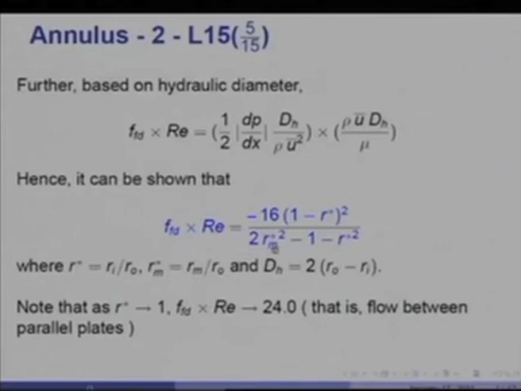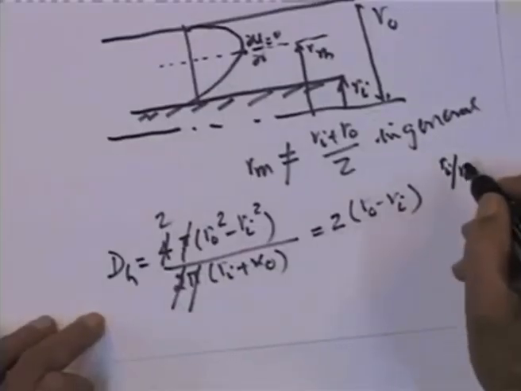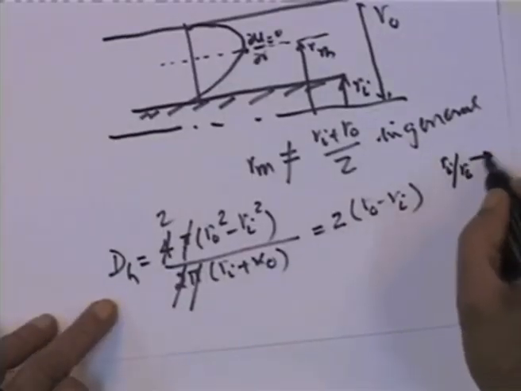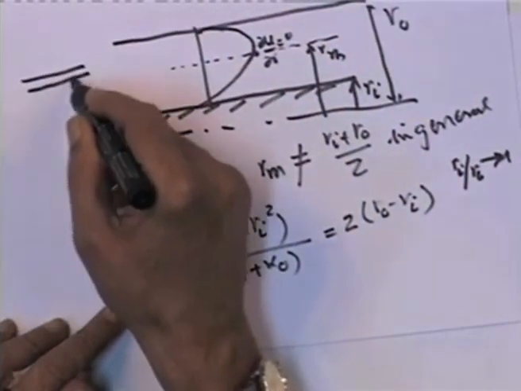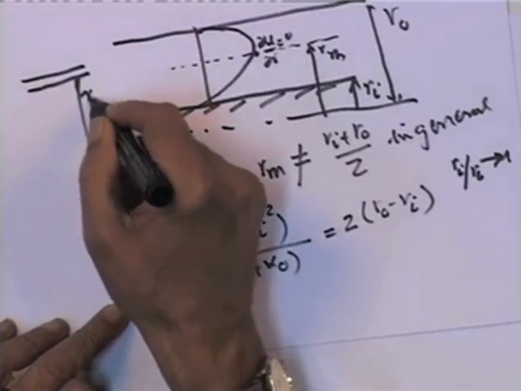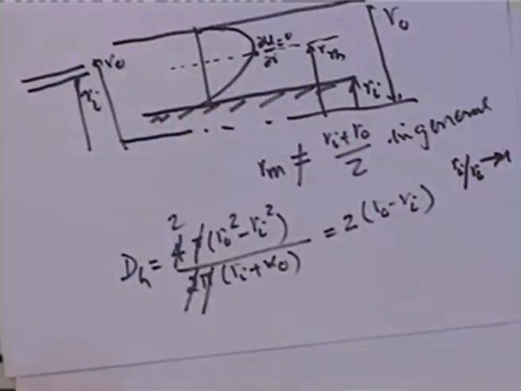Now, of course, as you can imagine, when r_I by r_O tends to 1, that means the two radii are very, very close to each other. Then we practically have the case of flow between two parallel plates, for which f into Reynolds number is 24, as you derived in your undergraduate class.